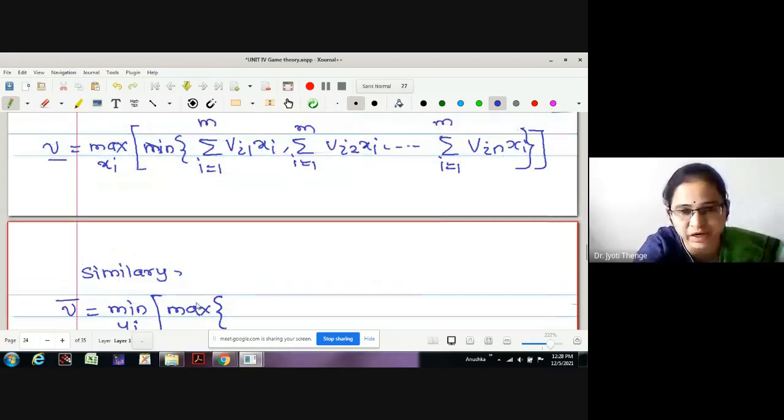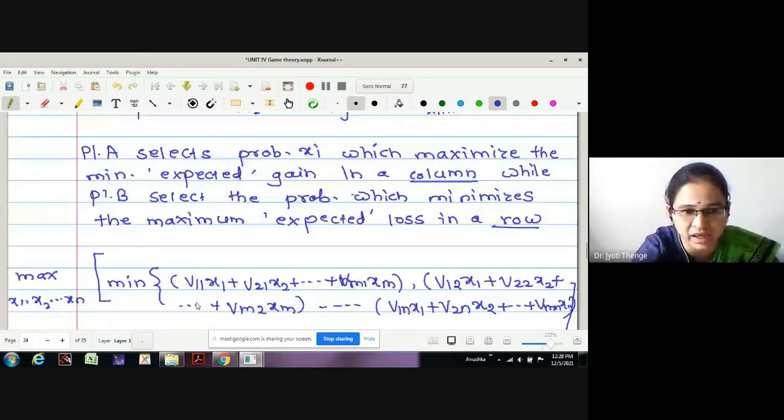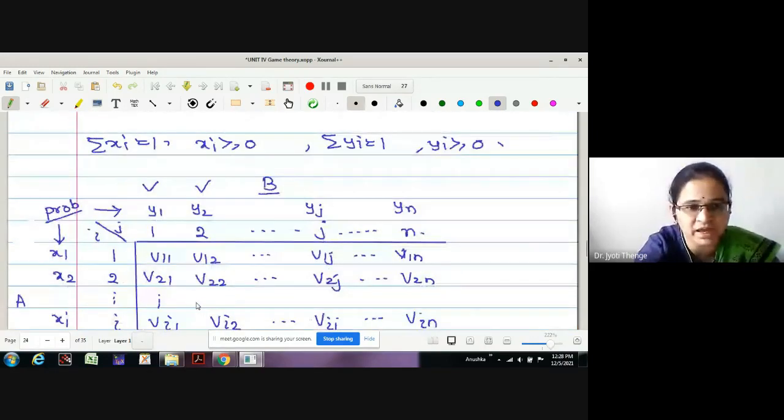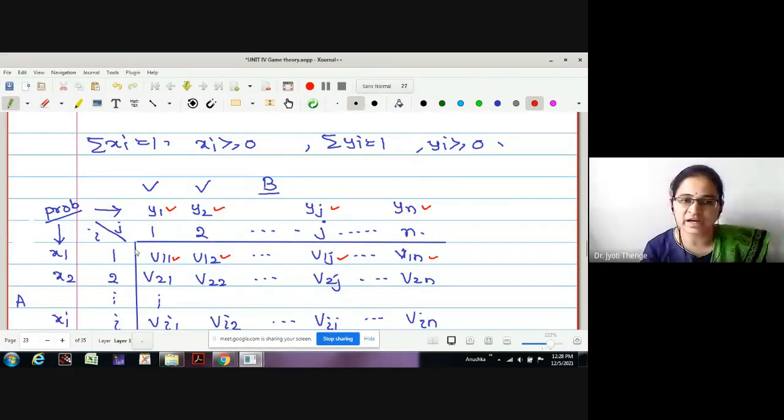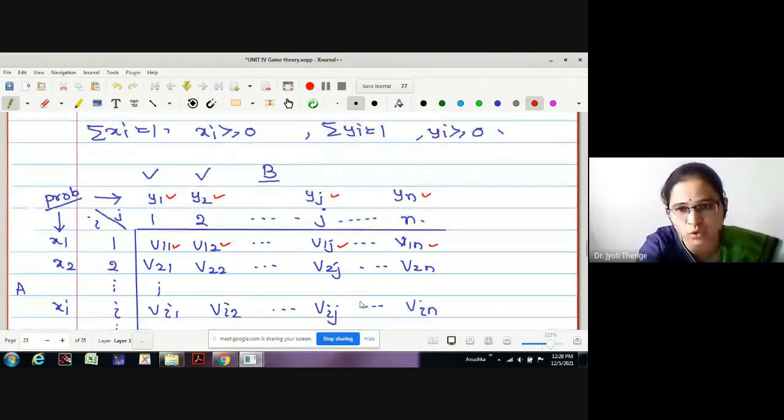What will be the expected loss to the player B if A chooses to play first activity? Outcome into its probability: v11 y1, v12 y2, v1j yj, v1n yn. That is, we are using the row now. With respect to player A, we have used columns. With respect to player B, we were using the row now.